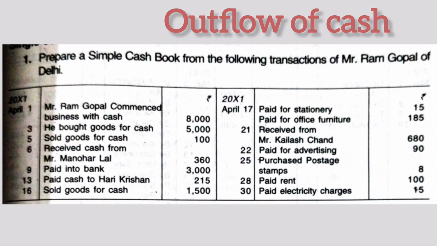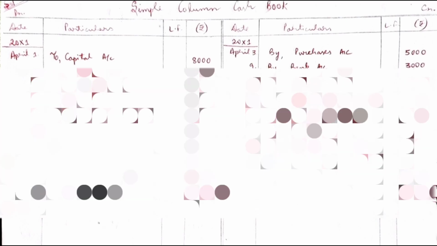Cash is going out, and anything which goes out, we record on the credit side. So under the credit side, particulars column, we will write By Purchases. Why are we writing By Purchases under the credit side? Because cash is going out. So 5,000 we will write in the amount column.